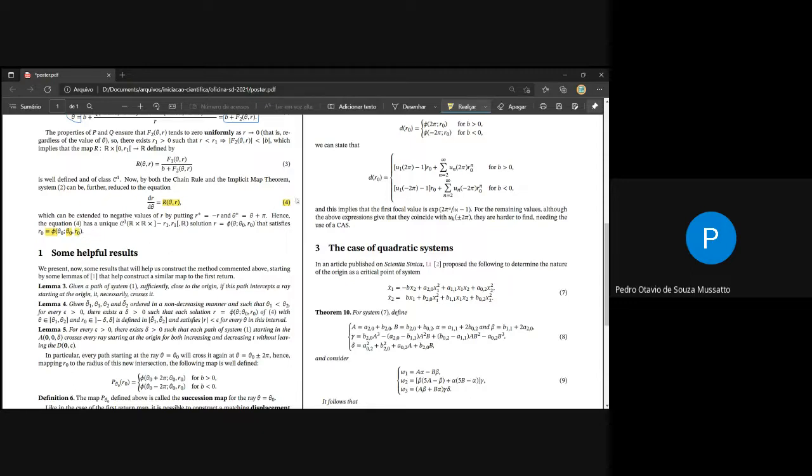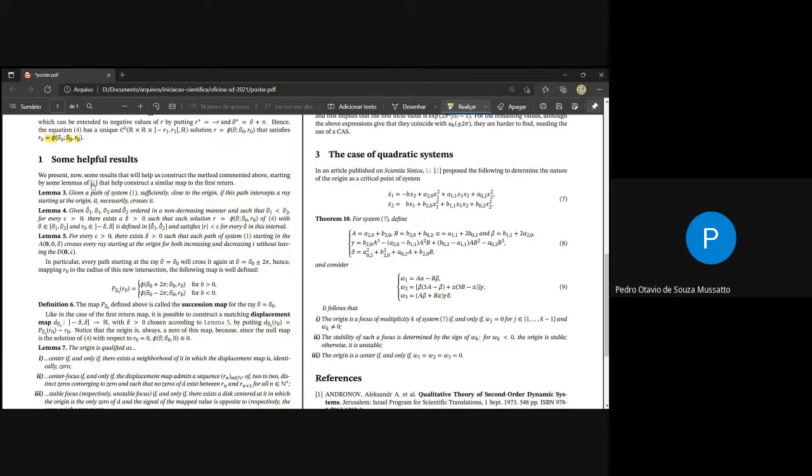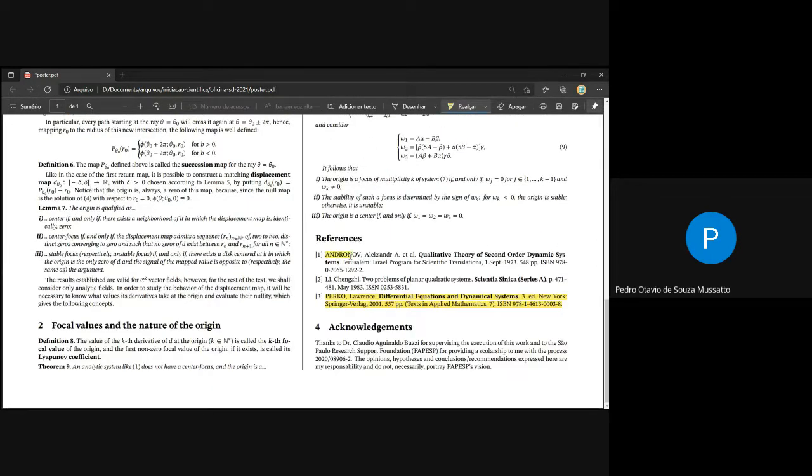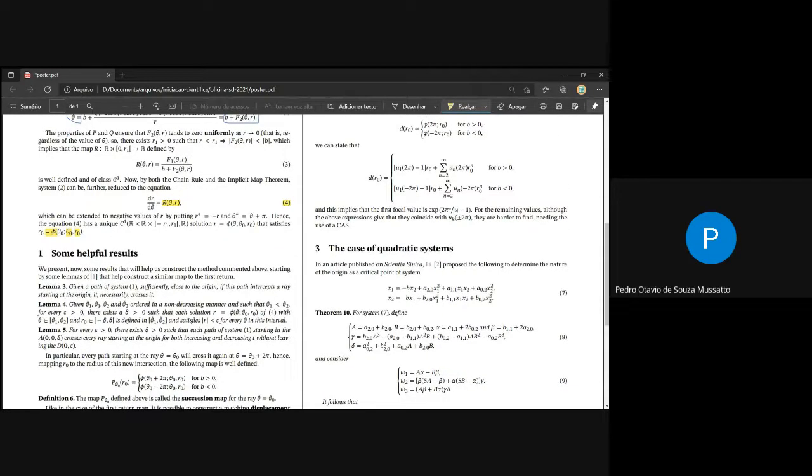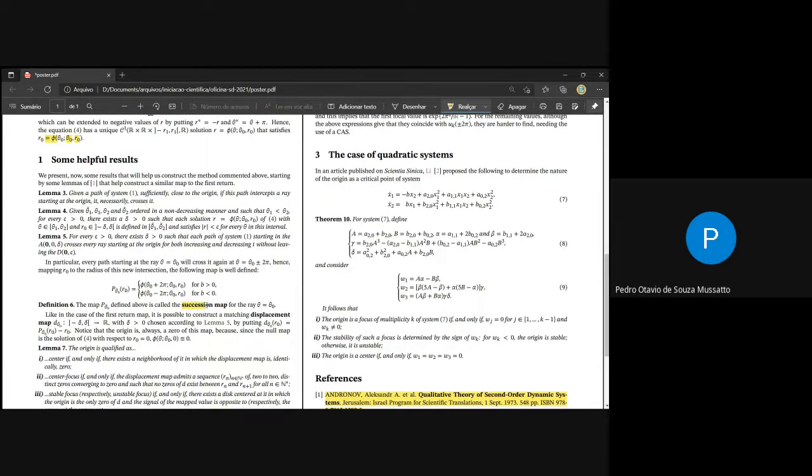Now, after getting equation 4, we can move on to some results from Andronov, from this book, which will help us craft a map similar to the first return map, called the displacement map. At first, it is set for a given theta equals theta 0, starting at the origin.